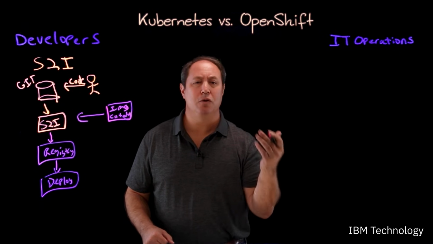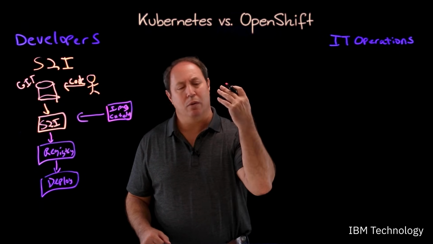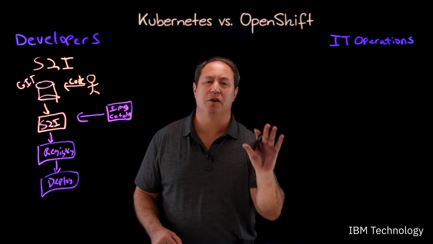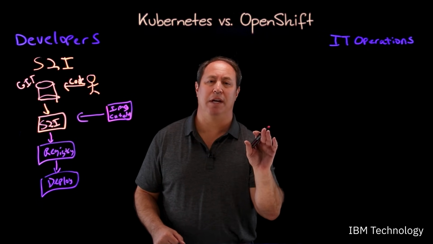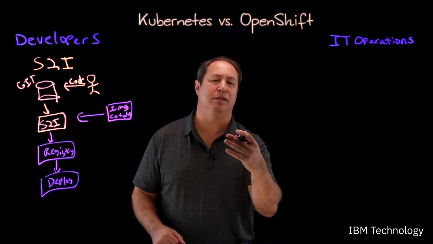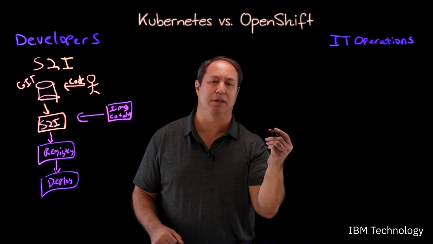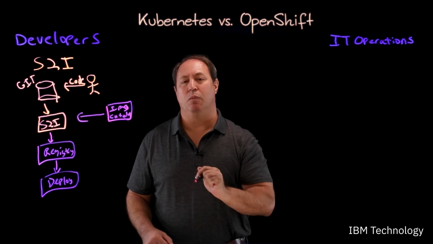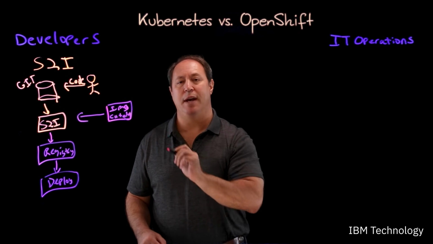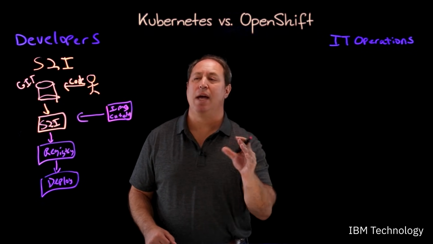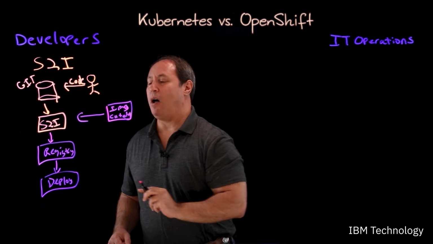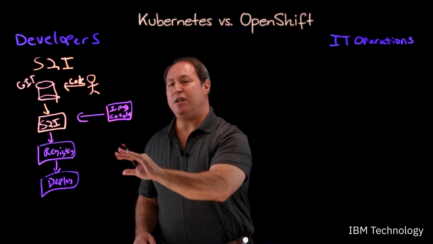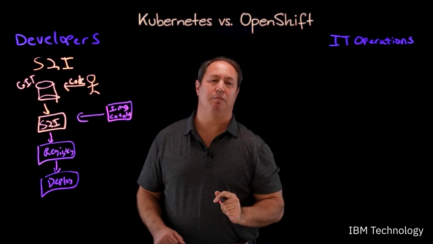But if you have a lot of new developers, Java developers, Python developers who've been developing for years but aren't very familiar with cloud-native applications and how to do container-type activities, building containers and picking an image and merging it with the code that they wrote and then pushing it to a registry, having OpenShift automate all of that for you is a huge help. So that's a key feature for new developers that OpenShift provides.